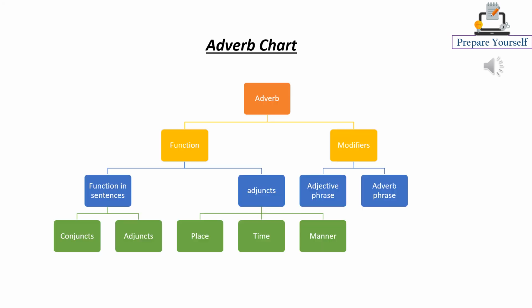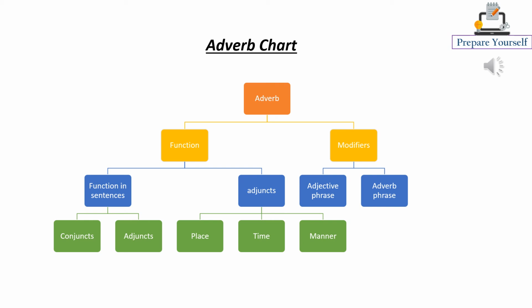We have done the 5 types of adverbs. Now I'm showing you this adverb chart so that you can understand adverbs are much more than what we have learned. We have learned almost every important point, but still I wish to tell you a few things.